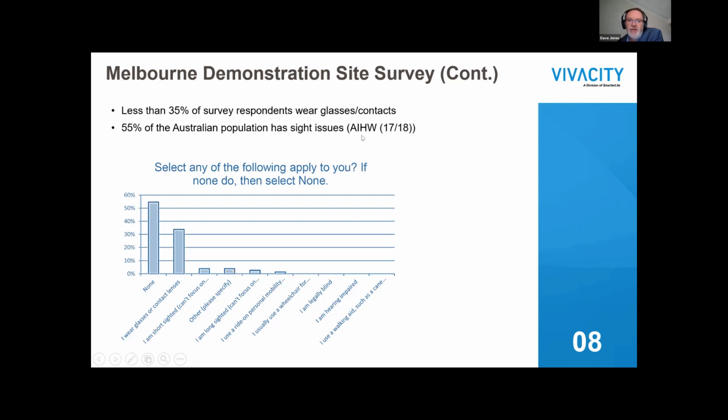Yet the Australian Institute of Health and Welfare, we found, says that 55% of the Australian population has sight issues. So our responses may not represent, as in they may underrepresent, the perceptions of people that have some sort of sight impairment.